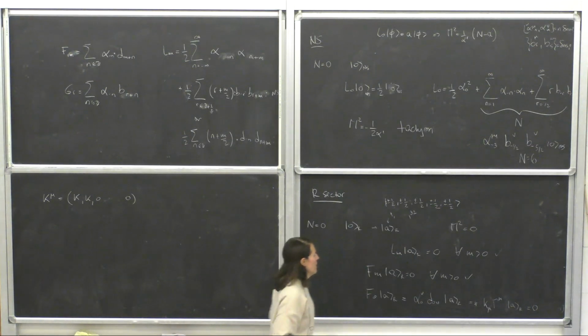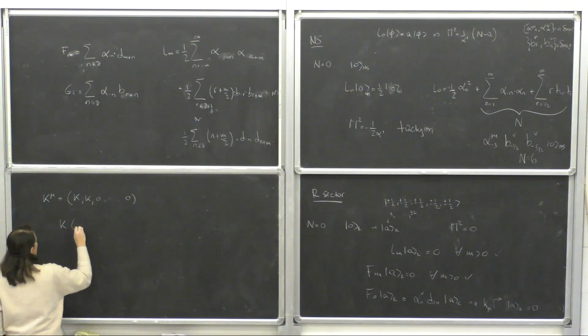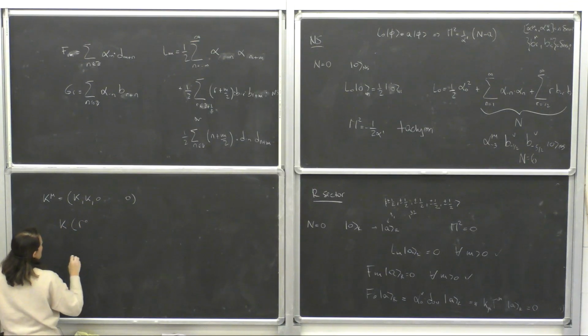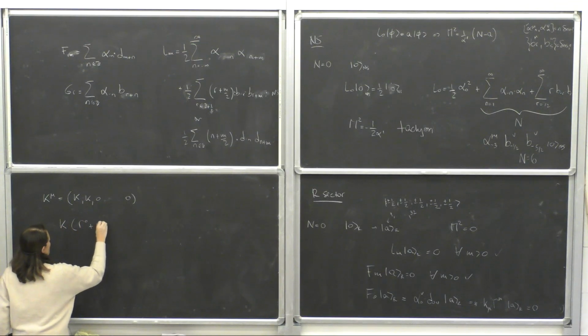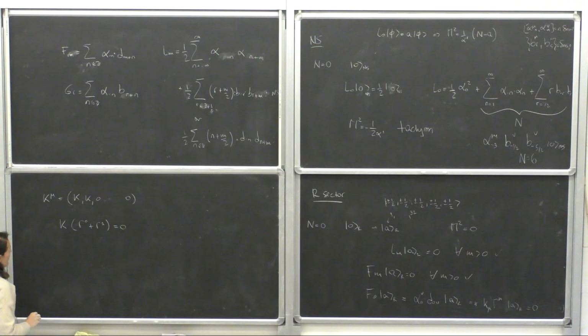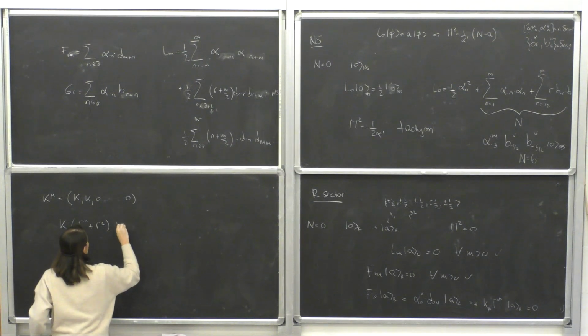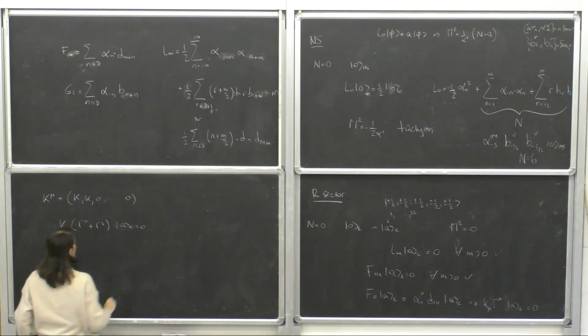And this means k times gamma 0 plus gamma 1, acting on this A Ramon, has to be equal to 0.